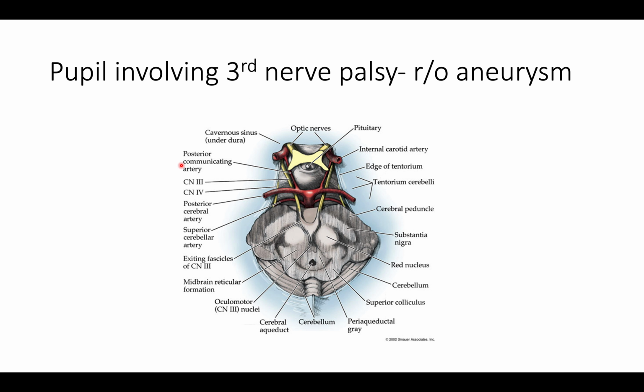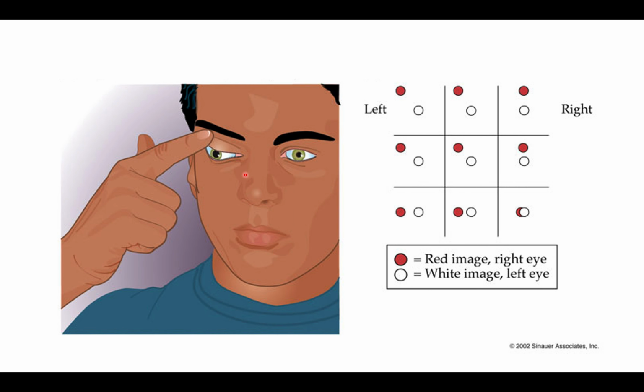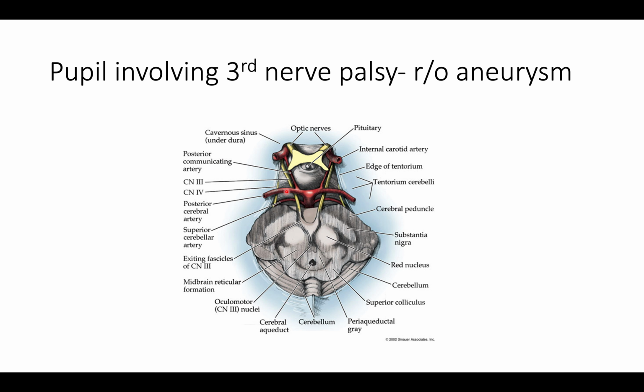However, take an aneurysm, because an aneurysm comes from an artery, right? So this is the posterior communicating artery. When the aneurysm is compressing cranial nerve number 3, in addition to the symptoms that we explained here, ptosis and lateral and downward deviation, there will also be pupillary dilation.